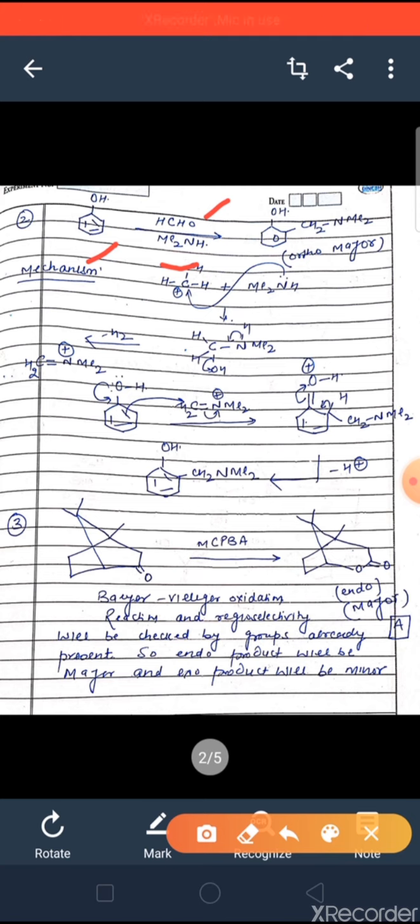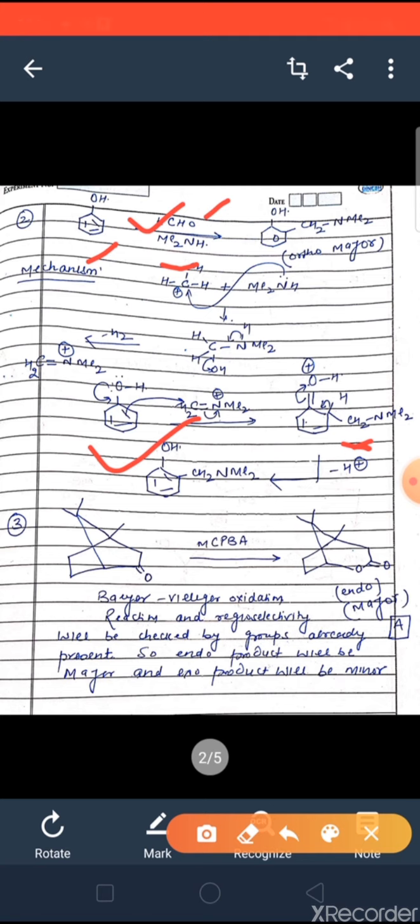Now basically this is carbon alkylation here, so this reaction is particularly helping in the C alkylation. So alkylation can happen at which position? This will happen at this particular ortho position, not at the para position. So the ortho product will be synthesized in this case of phenol. So this is the mechanism by which it is particularly attacking on this one. So this is a reaction in which C alkylation is happening with phenol by using this particular Mannich reaction.